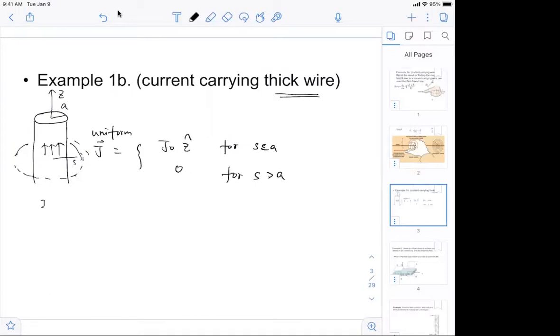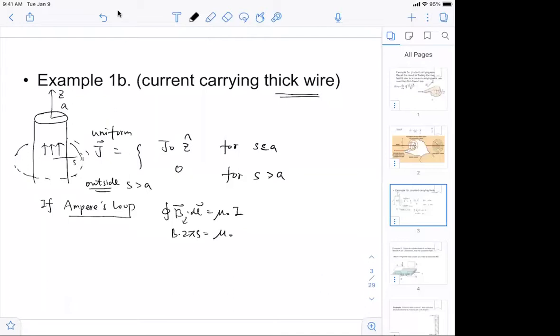Just like when we do Gauss's law, we do a Gaussian surface. Instead of a Gaussian surface, we do an Ampere loop. Here we do outside. Let's do the outside of the wire, at s larger than a. So if you're outside, the integral of B dl equals mu naught I, and B dl is B times 2 pi s.